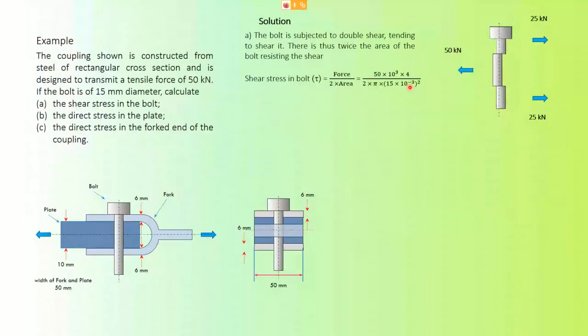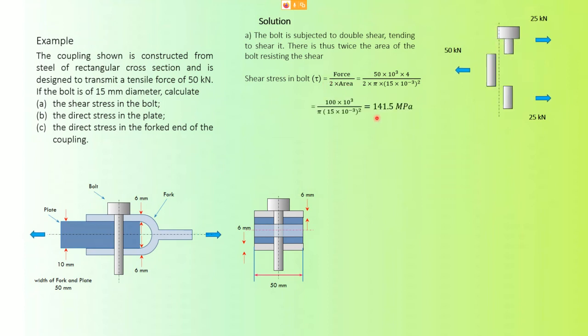This is the diameter, so the 4 is on top here. Times 2, why times 2? Because it's double shear. So when you take the force, divide by the area times 2, because it's double shear, you get the shear stress: 141.5 megapascal, the shear stress on the bolt.